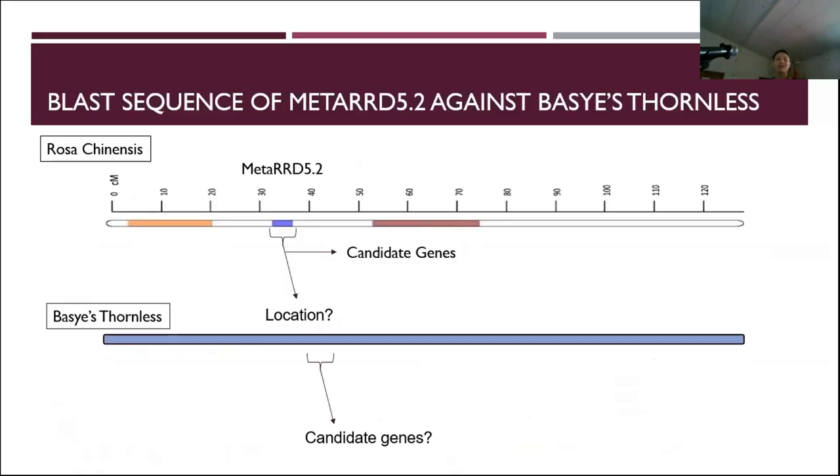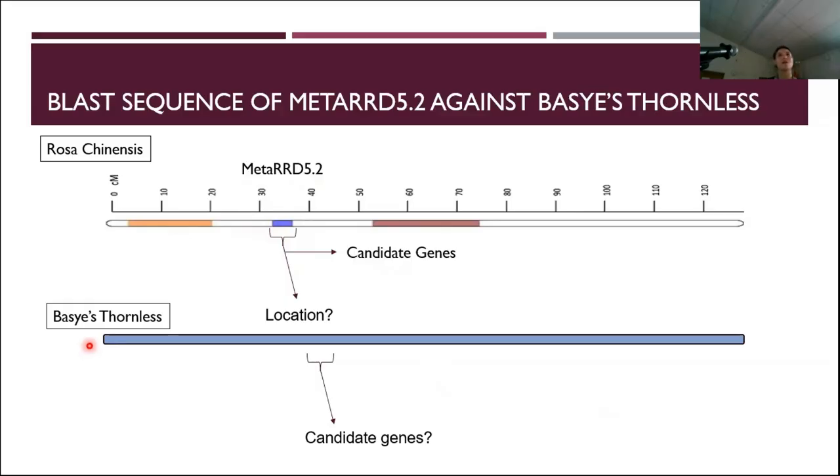Now what I'm going to talk about next is what's to come. I mentioned that our candidate gene search was within Rosa chinensis, which is our reference genome. We had these regions of our newly found meta-QTL, and I could go into the Rosa chinensis genome and figure out what candidate genes are within that region. However, now we have the Bayes-Thornless genome assembly, which is more closely related to our populations.